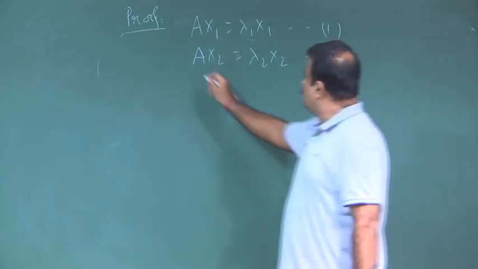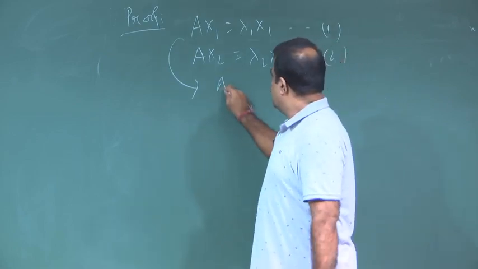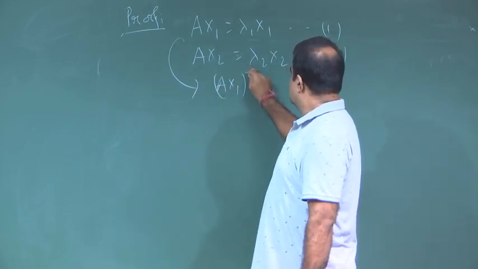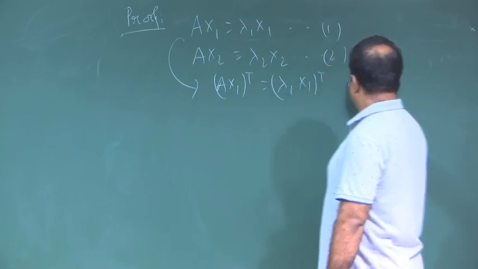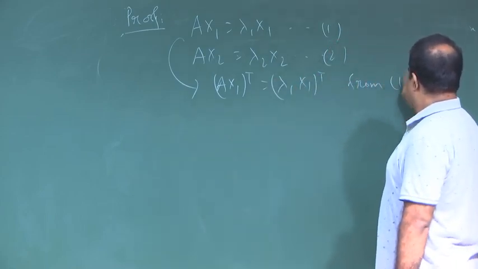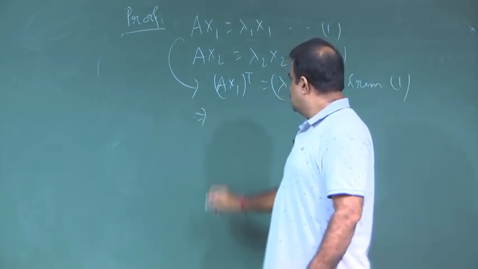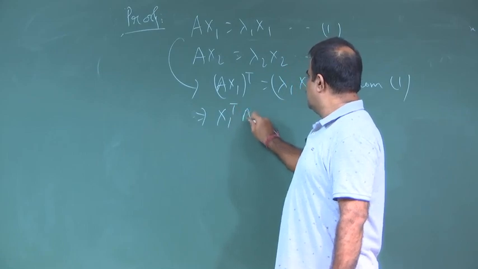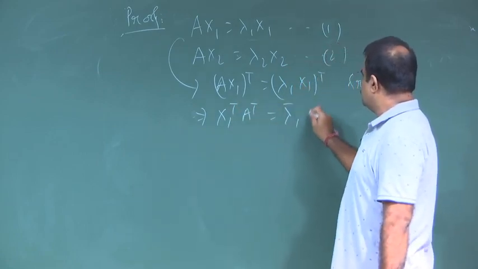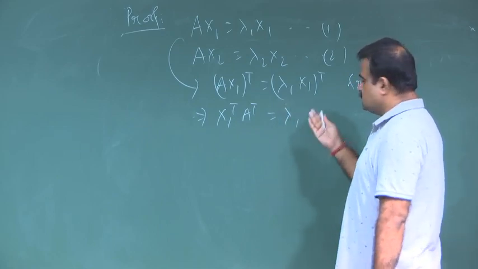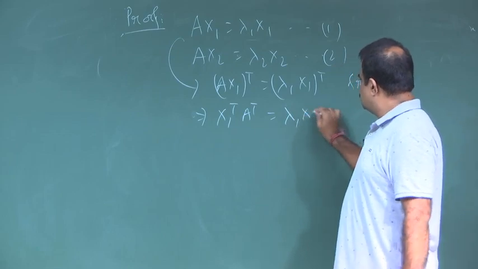So, now from 1 we are going to take the transpose. So, (A x 1) transpose equal to (lambda 1 x 1) transpose. So, from 1 this implies x 1 transpose A transpose is equal to lambda 1 x 1 transpose, because lambda 1 is just a scalar.